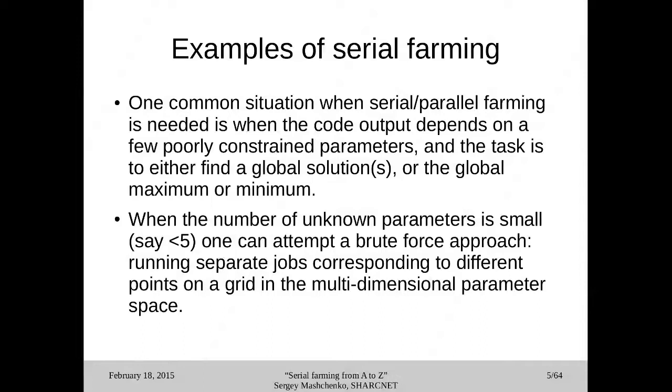Then you can have two different kinds of situations. If you have a fairly small number of unknown parameters, let's say less than 5, then you can deal with grids. So you can start with a coarse grid covering the multidimensional parameter space. You can do a brute force investigation using a grid approach.